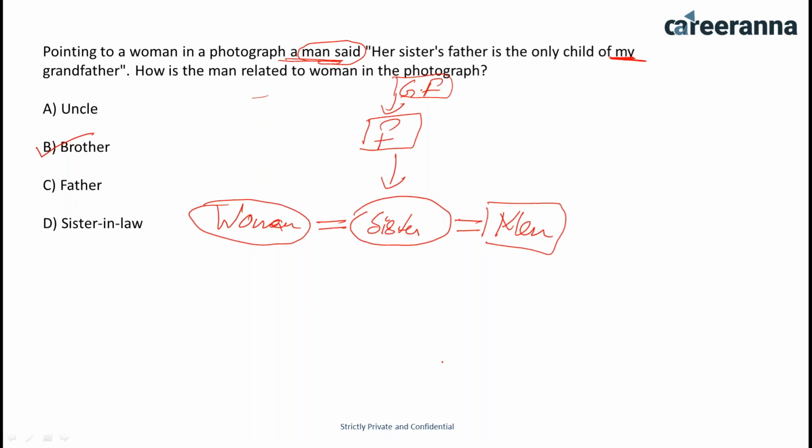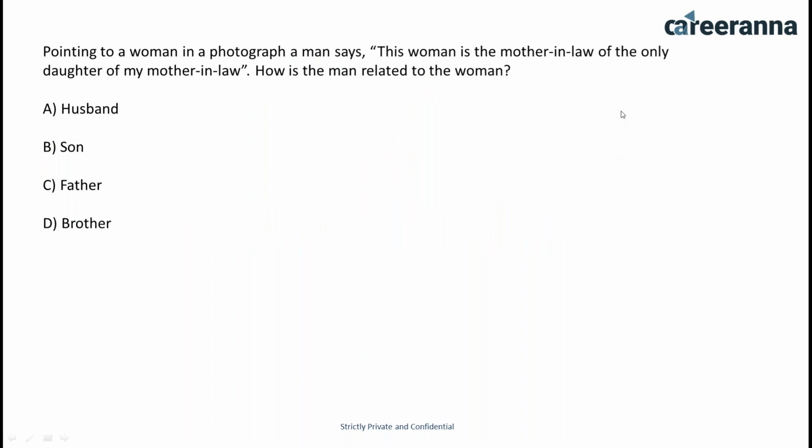Okay, so let's see our next question. This is our next question. Please try to solve it, and then we are going to discuss it.